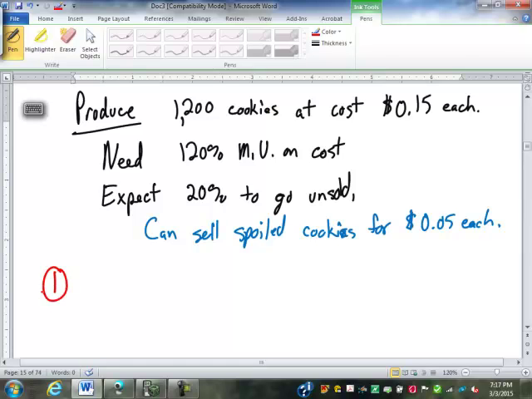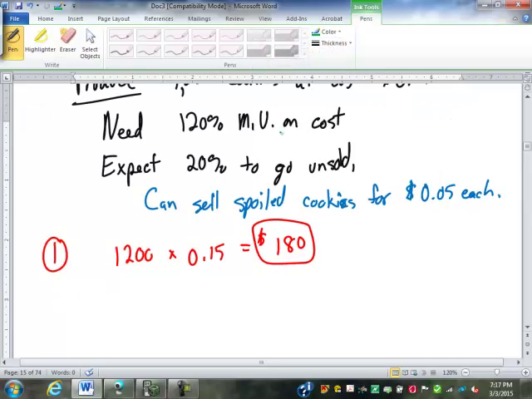What's step 1 though? That's still the same. 1,200 times 15 cents, which is going to give us $180.